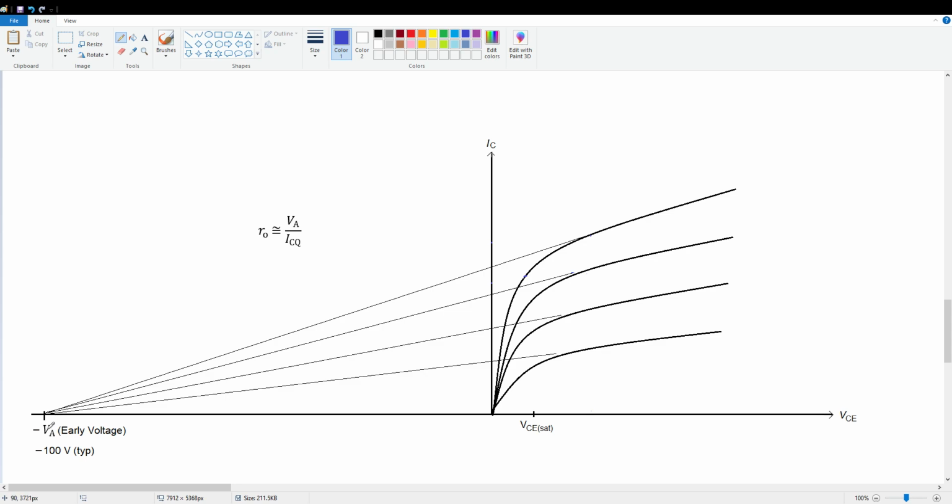It's designated V sub A. And this whole thing that we're looking at here is called the early effect. It's named after James Early, who was a pioneer in transistor development that quantified this stuff.